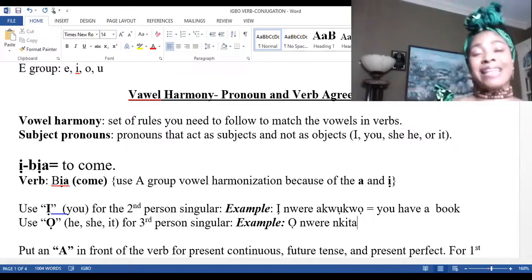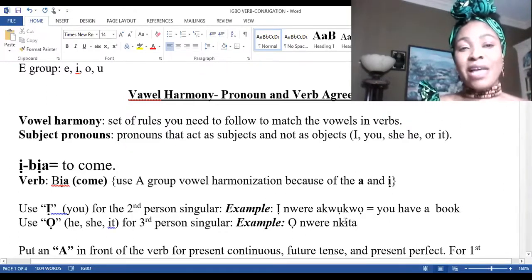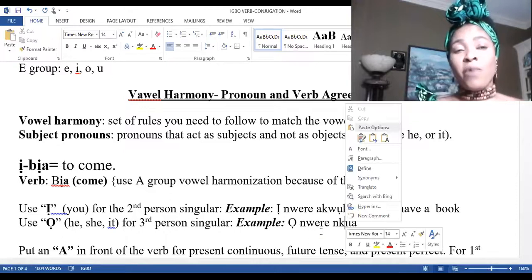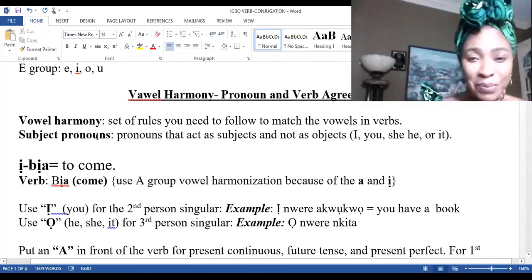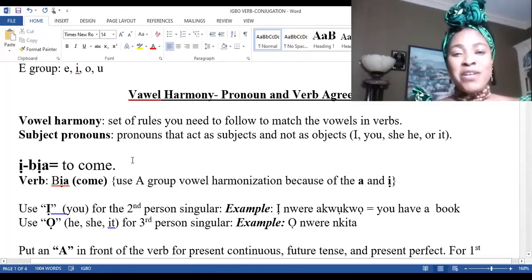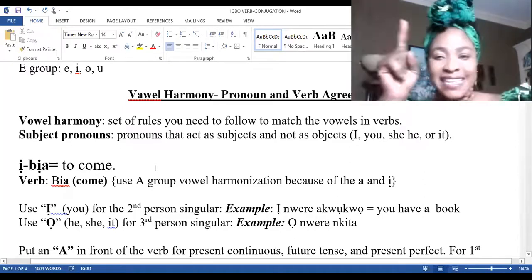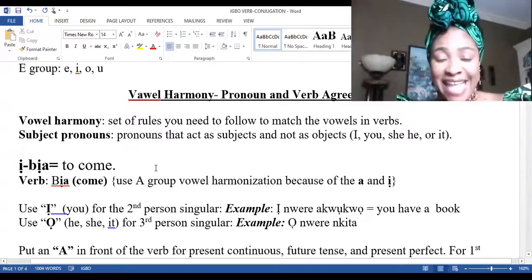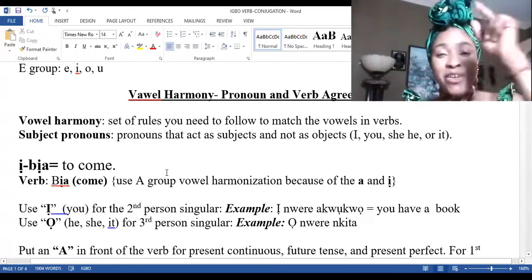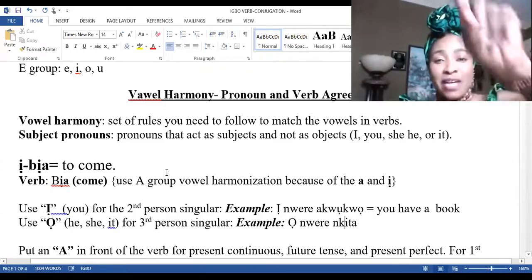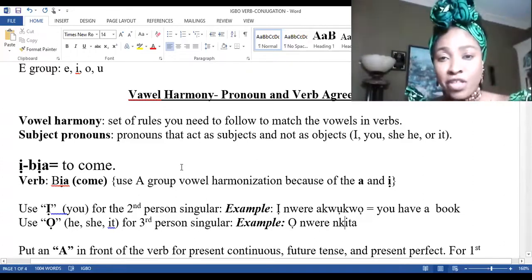And now when you look at this word, because I want to make sure you guys are following, when I say group of vowels, A group and E group. When you look at the letter that ended that word, nketa, you can tell that the I in this word is supposed to be dotted underneath because of what?